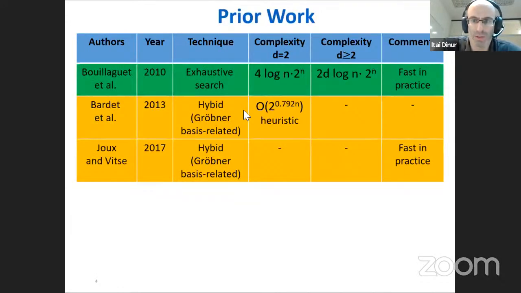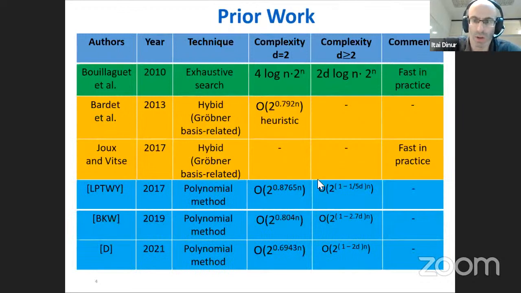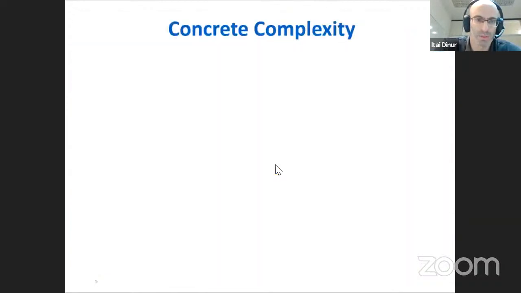Here is a high-level overview of a few related works that include optimized exhaustive search and Gröbner basis related algorithms. The polynomial method algorithms have been improved since their introduction, and now they give the best known asymptotic complexity for solving polynomial systems.